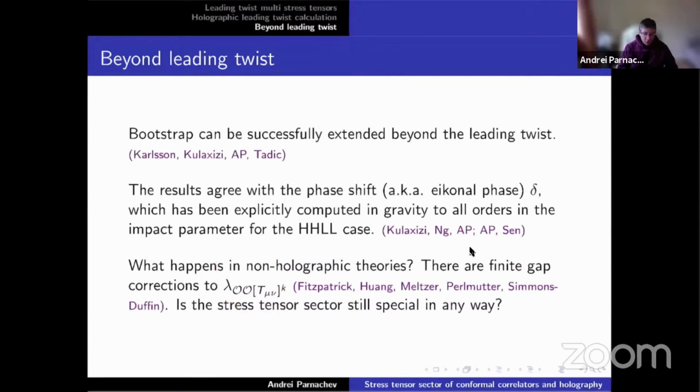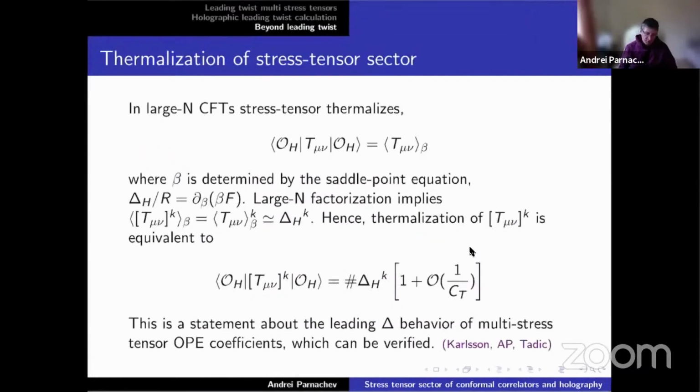And so you may ask, okay, so is the stress tensor sector still special in any way? So let me give you one example, which I believe still demonstrates that the stress tensor sector is special.